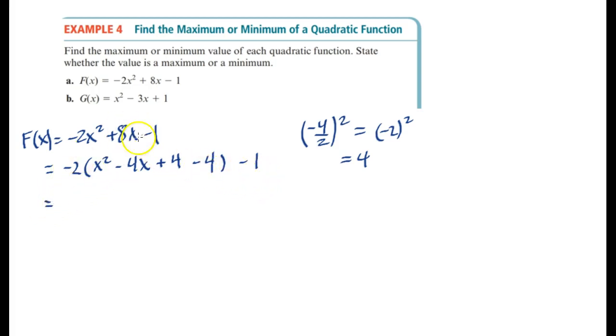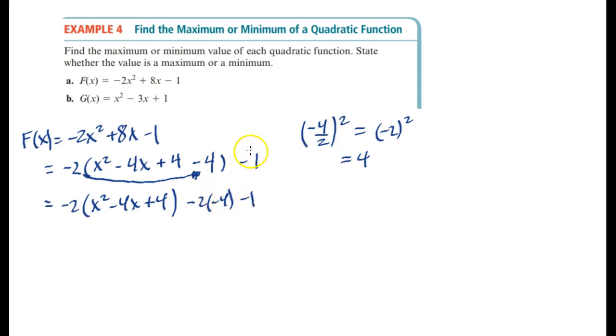So we would distribute the negative 2 to negative 4. We would get negative 2 times x squared minus 4x plus 4, and distributing negative 2 would give us negative 2 times negative 4 outside the parentheses. We're still subtracting 1. Factoring the trinomial, we would get negative 2 times x minus 2 squared. You can check this.